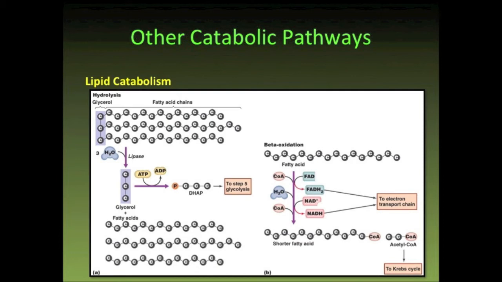Carbons containing hydrogen are removed 2 carbons at a time until all of the carbons of the fatty acid have been converted into acetyl-CoA. Beta oxidation will produce the reduced electron carriers NADH and FADH in addition to many molecules of acetyl-CoA for the citric acid cycle.